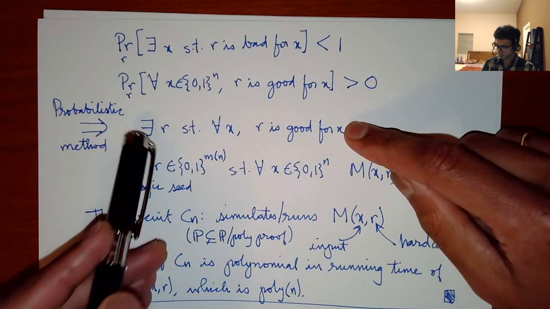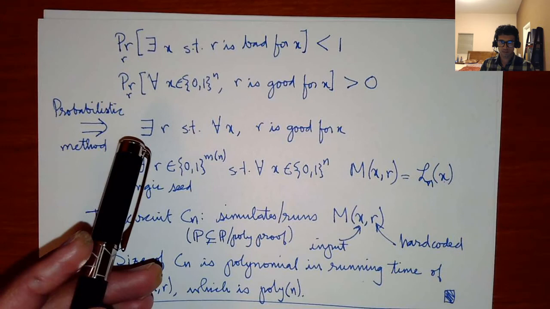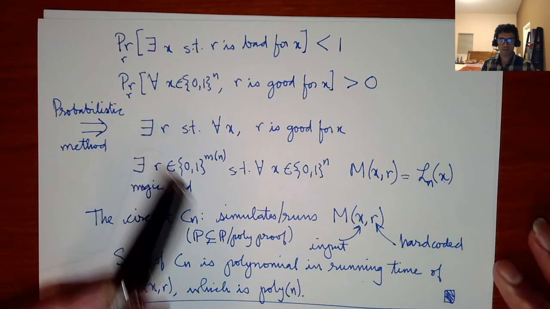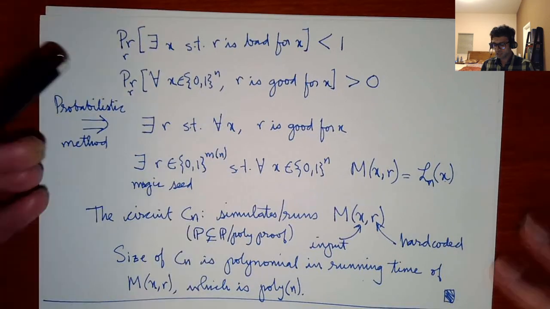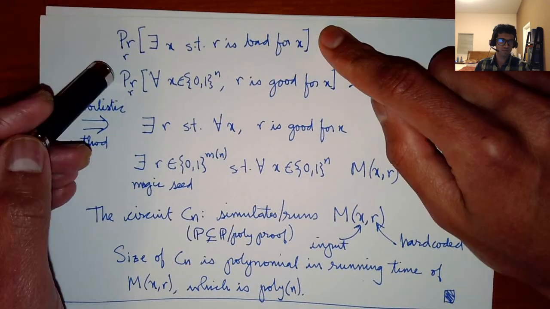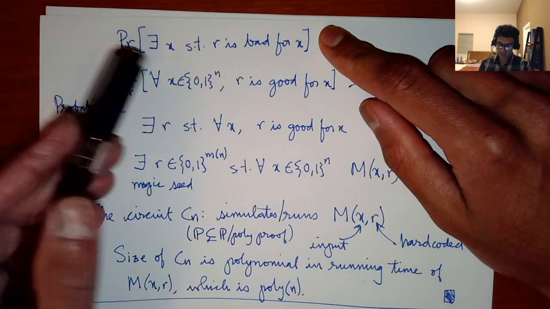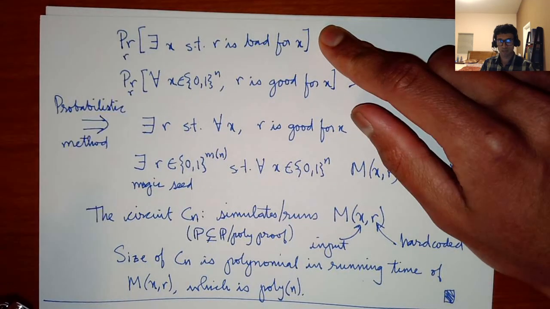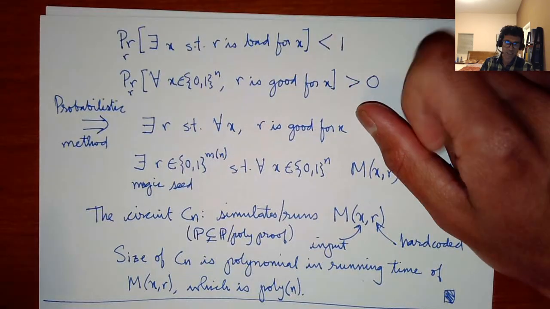That means for every R, there exists an X such that R is bad for X. That would mean that if you picked an R at random, the probability that there exists an X must be 1. That probability must be 1. We're saying it's strictly less than 1.